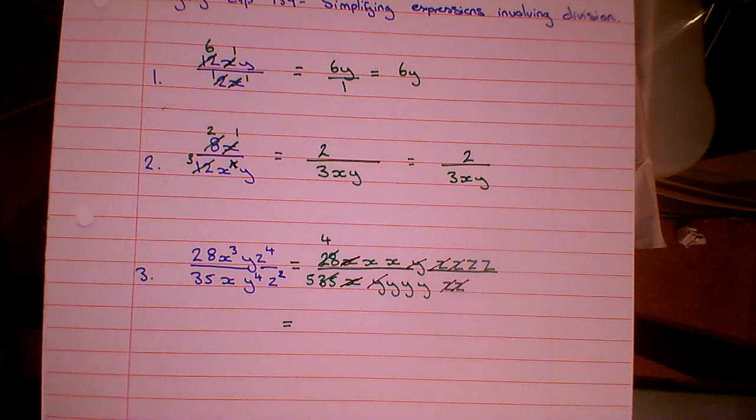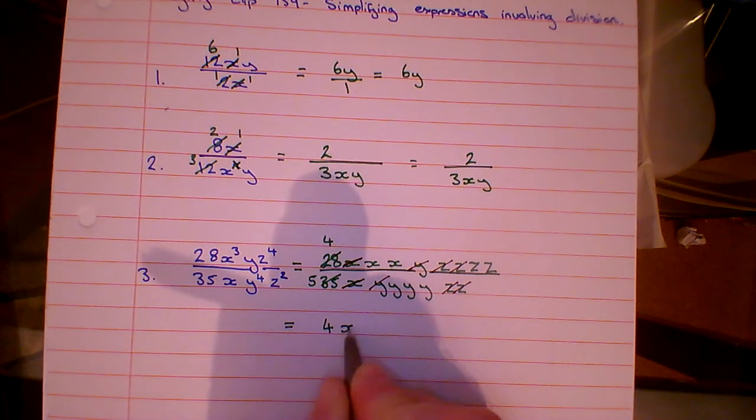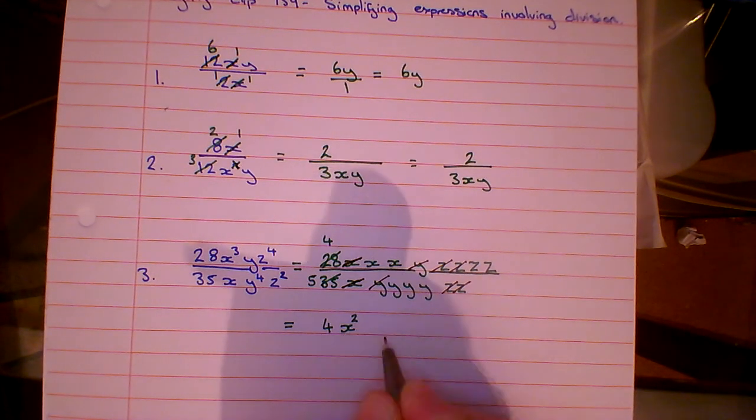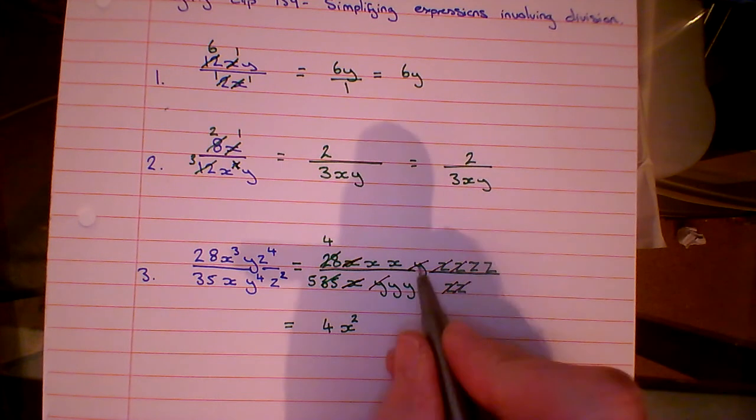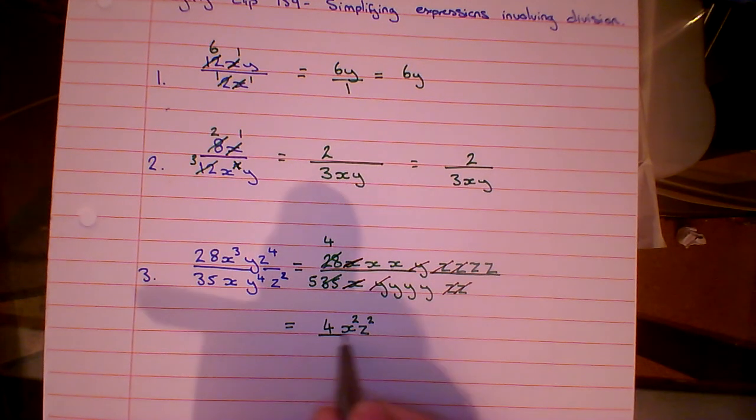And now all that's left for me to do is write down what I have left. 4, x times x is x squared. No y's at the top. And 2 z's, so z squared at the top.